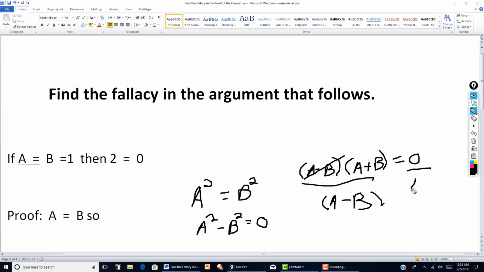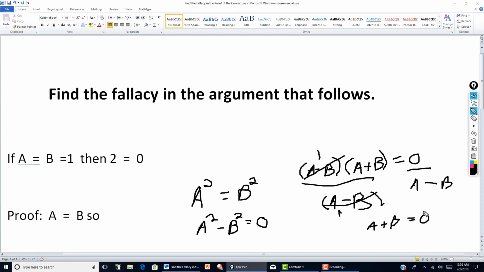Divide this side by A minus B. Here the A minus B and the A minus B cancel, divide out to 1. On the right side, 0 divided by A minus B, I'm going to say that's equal to 0. So I get A plus B is equal to 0.